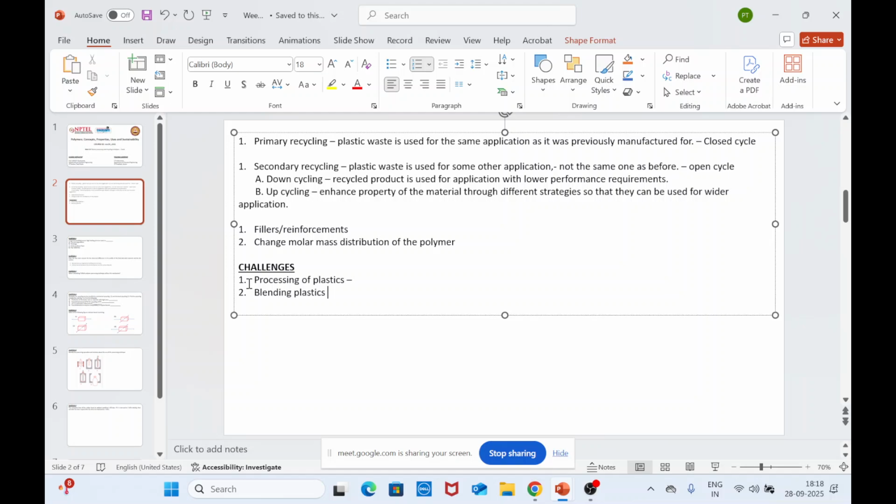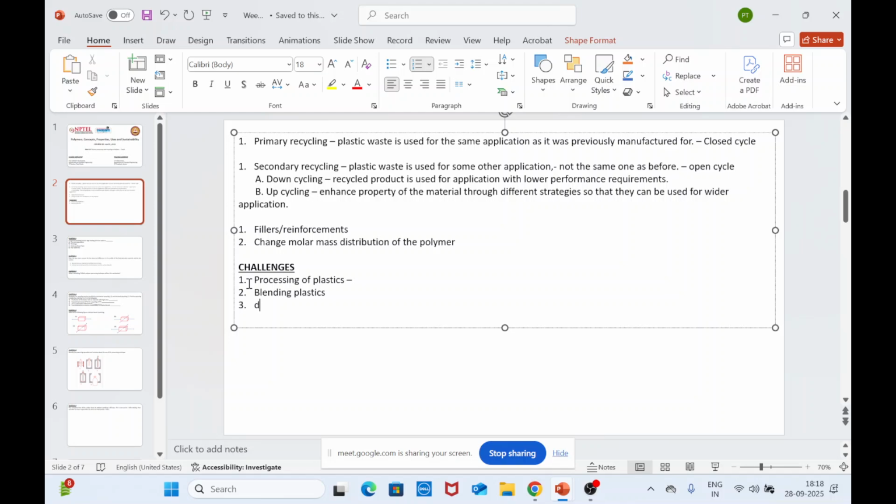For one cycle, it is going to be fine, and the product you get after recycling will be of good quality. But what will happen if you do this recycling operation again and again? Will the recycled product after multiple recycles be as good as the one that was manufactured earlier?